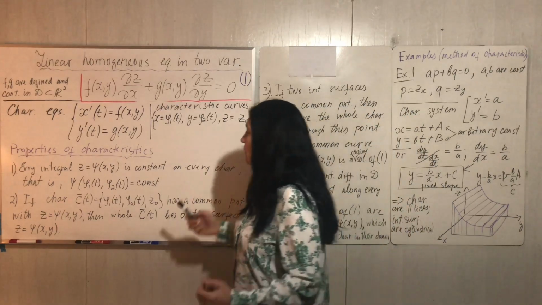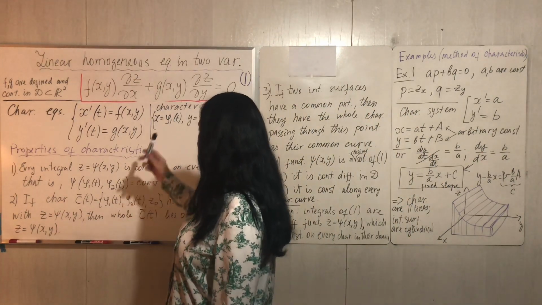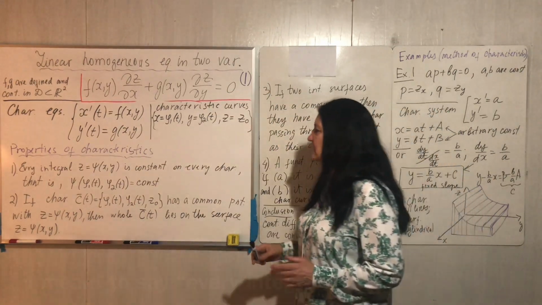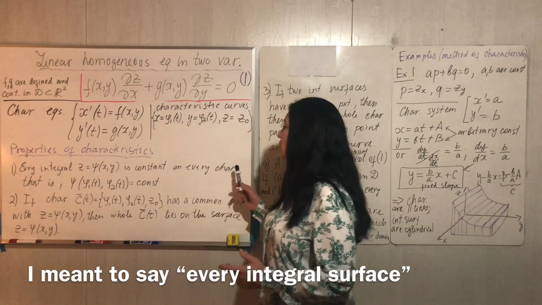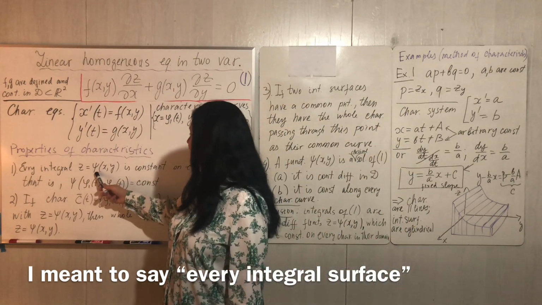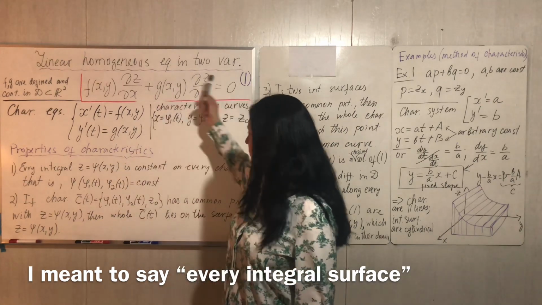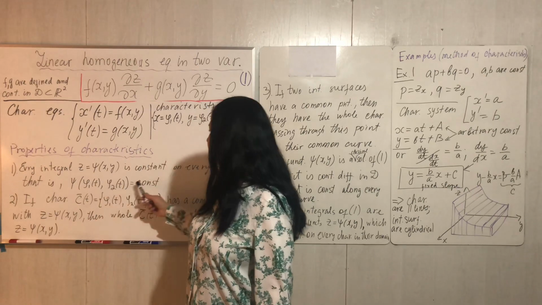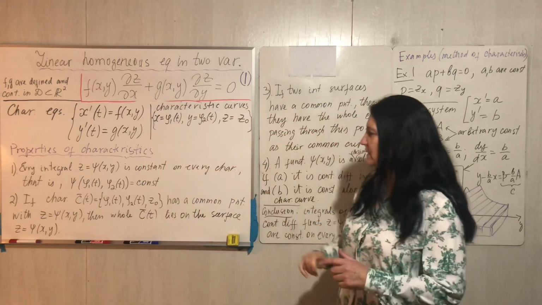So we have the following properties that we mentioned. Every integral curve is constant on every characteristic, right? So if z equals psi of xy is a solution to our equation, then psi evaluated at phi1, phi2 is constant. We discussed that.